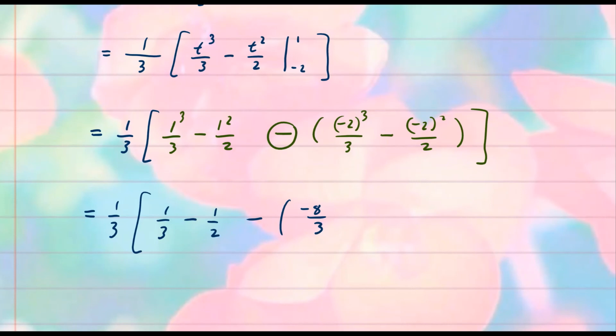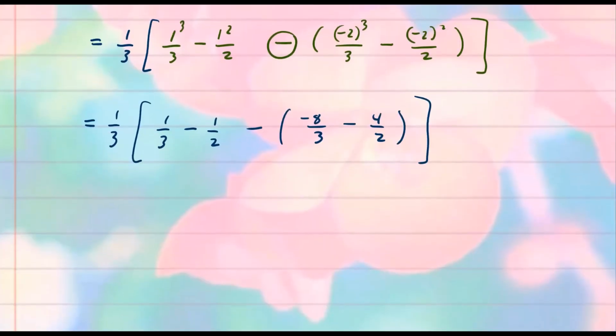So I'm just going to write it as 4 over 2. I'm going to keep the denominator for now, since we're combining these numbers. So we have 1/3 from before, then this is 1/3 minus 1/2. When you distribute the negative out, this is going to be positive 8 over 3, and then positive 4 over 2.